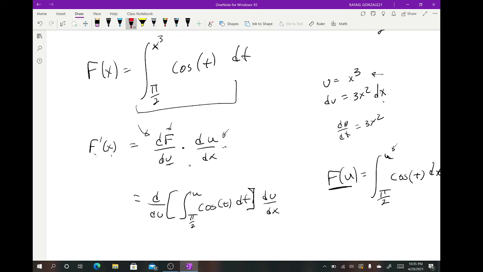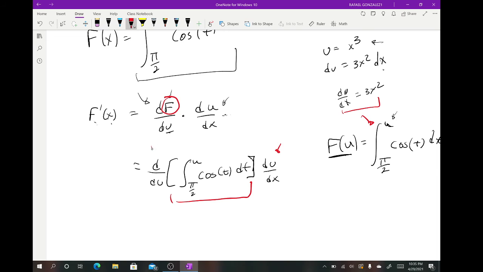What I did here is take the derivative of f, substitute in what it is equal to, and then multiply by du dx, which is up here. This just means that I'm taking the derivative of this piece.